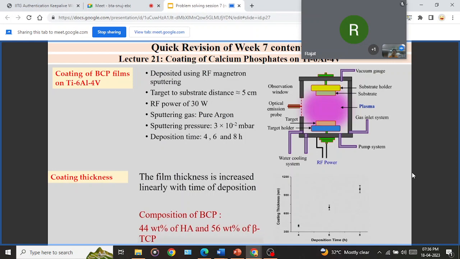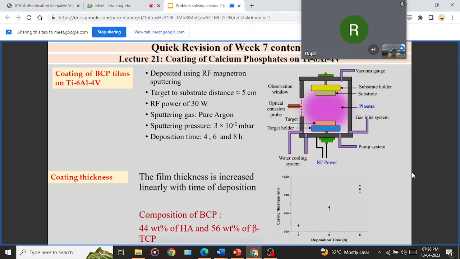The more the deposition time, the more the thickness of the coating. The film thickness increases linearly with the time of deposition. As you can see from the graph between coating thickness and deposition time, as the deposition time increases, at around 8 hours there is a coating thickness of around 1000 nanometers.